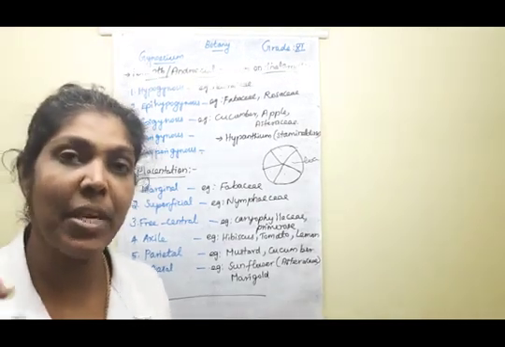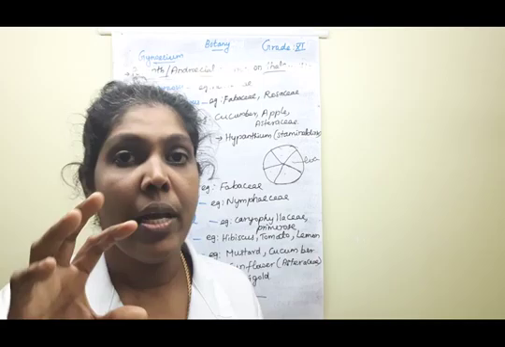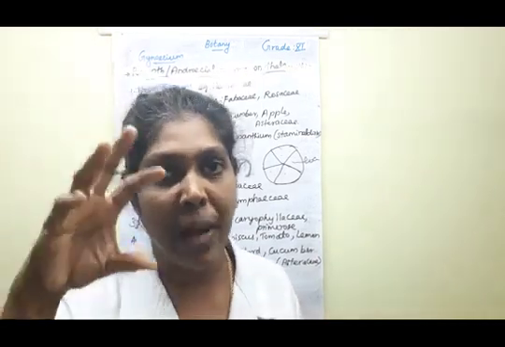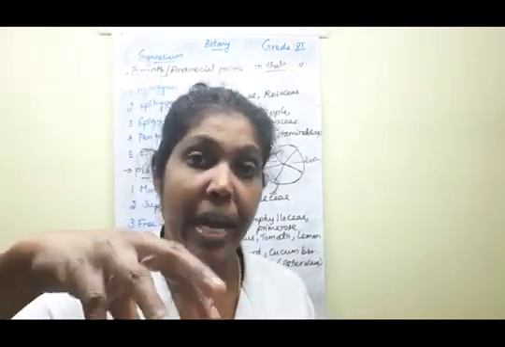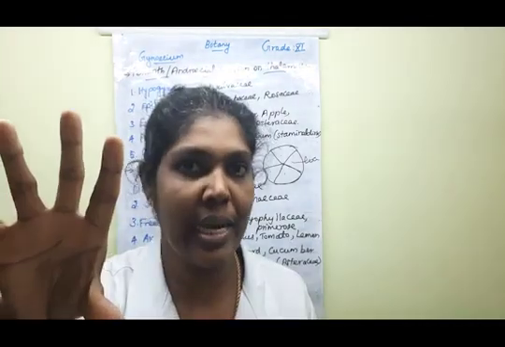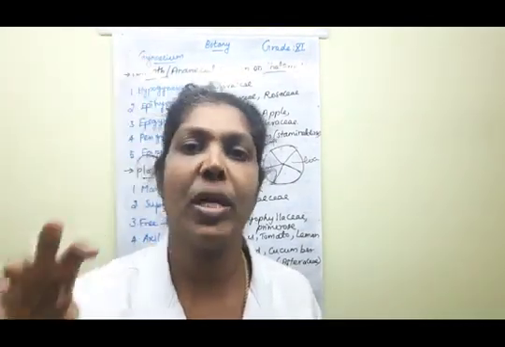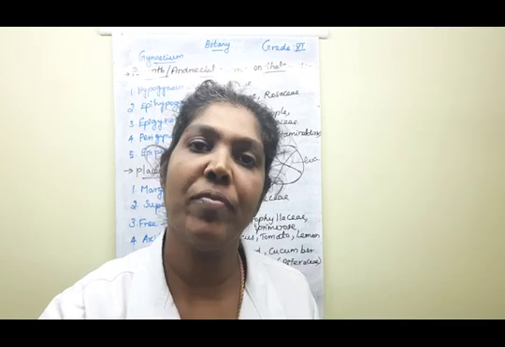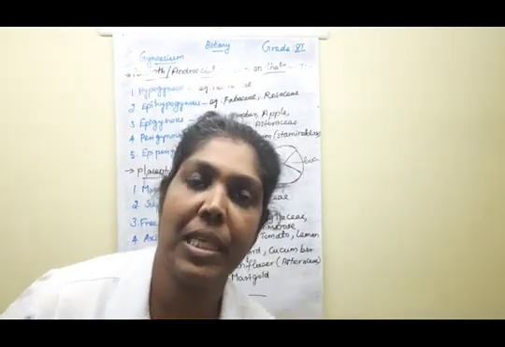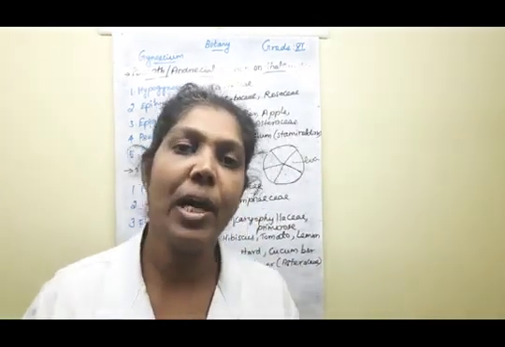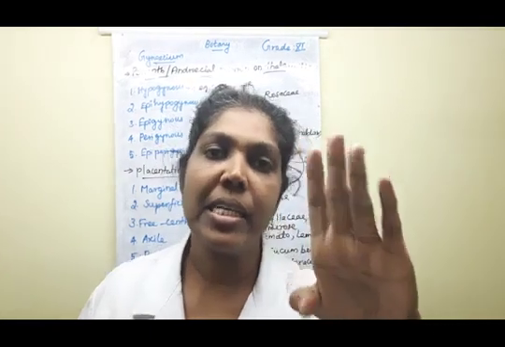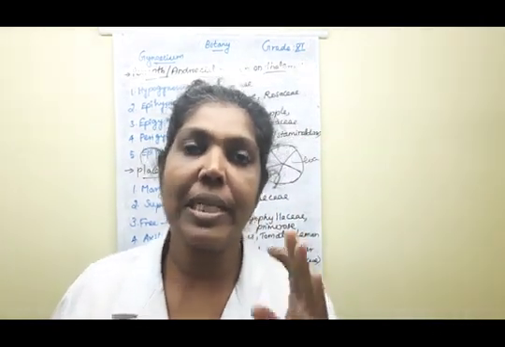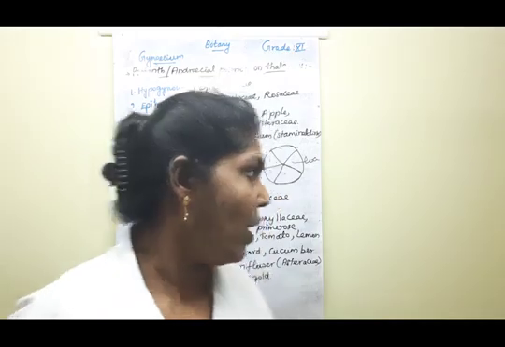Placentation means the mode of arrangement of the placenta inside the ovary, and that arrangement is given in six types. Understood? Let us learn them one by one.